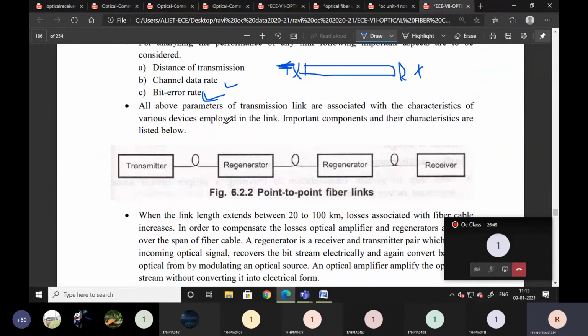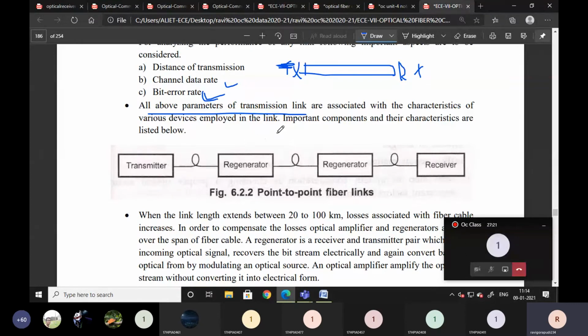Next, all the above parameters of the transmission link, distance, channel rate, or bit error rate, are associated with the characteristics of the various devices employed in the link.